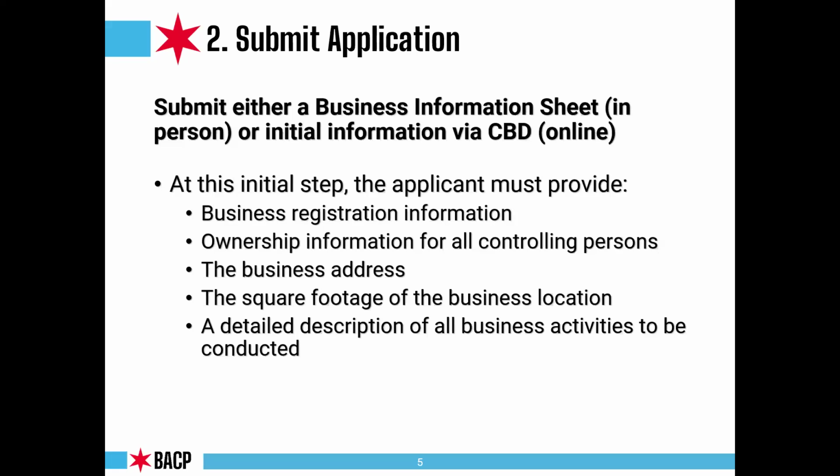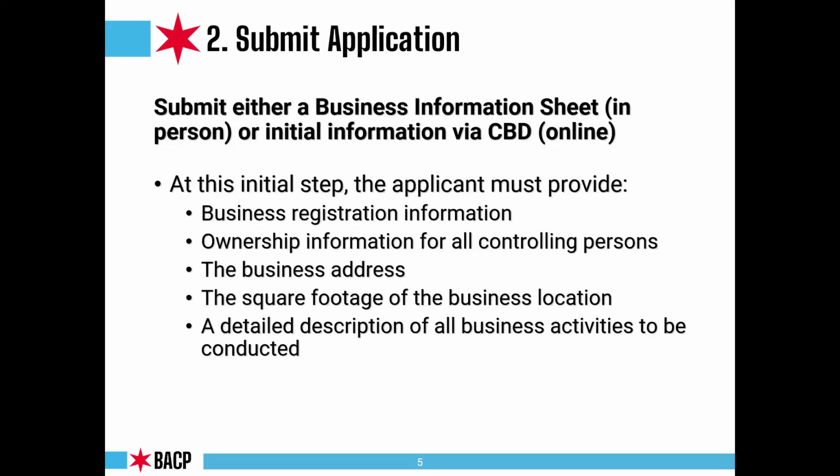And if you don't have a filled out application, that's okay. No need to panic. We will provide you one at the reception or at the counter when you come to the center. If going online, then you'll enter your information via the online platform.